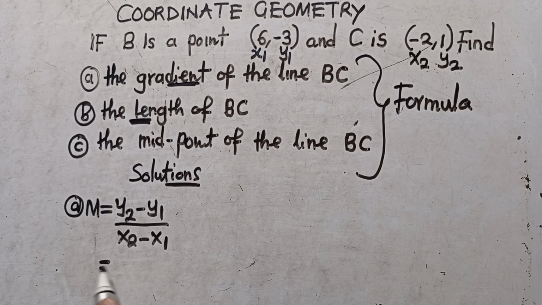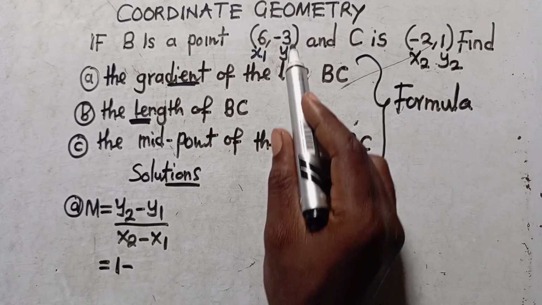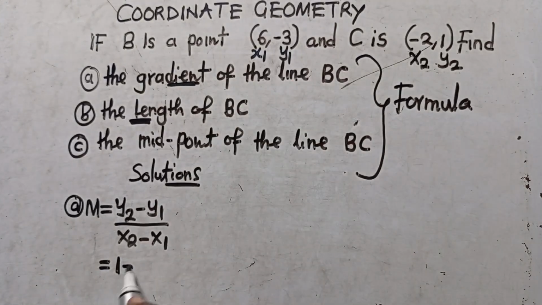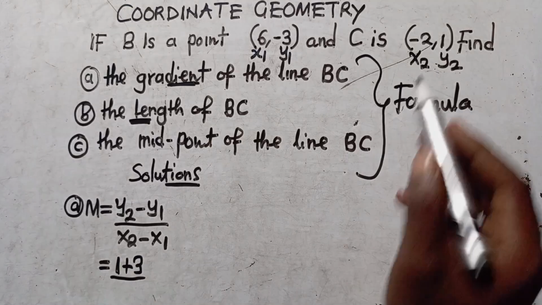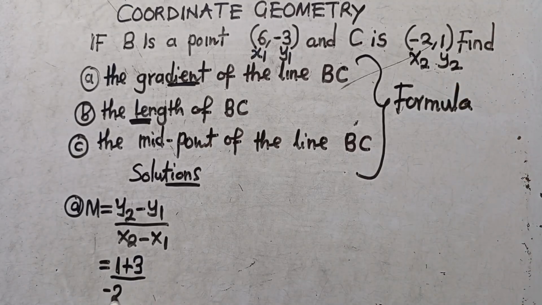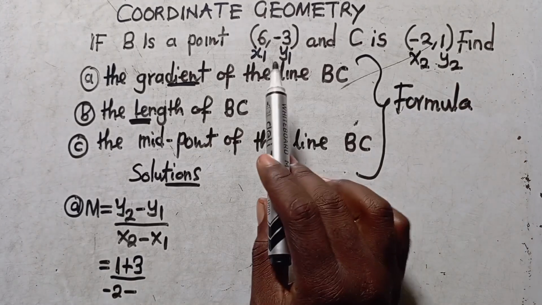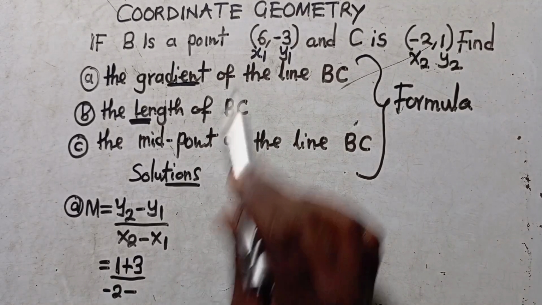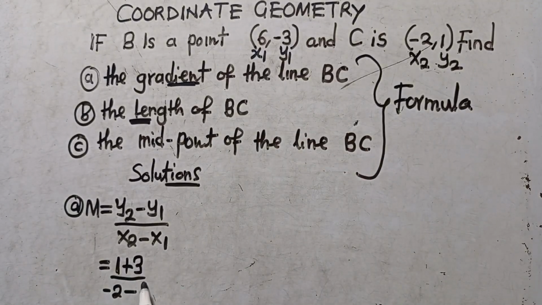Then you just substitute into this formula: y2 is 1 minus y1, which is -3. That is a negative, so it becomes a positive 3, over x2, which is -2, minus x1. What is x1? x1 is 6, so I put a 6 there.